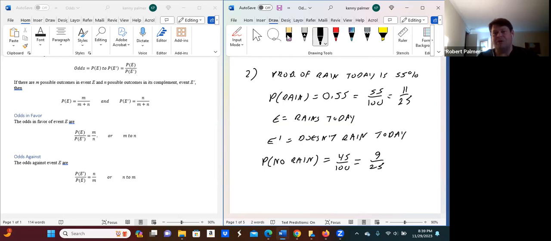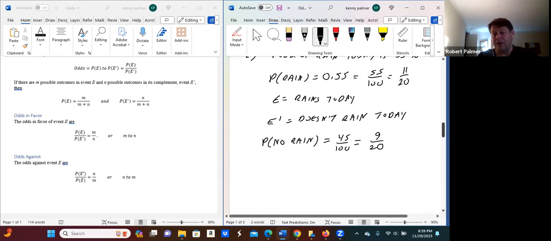Oh, I'm sorry, not over 25. I was about to make a mistake, because obviously 11 and 9 would not add to 25. This starts as 11 over 20, divided both by 5, 100 divided by 5 is 20. So not 9 over 25, but 9 over 20. There we go. Because if you add these together, both of these must add to 1.